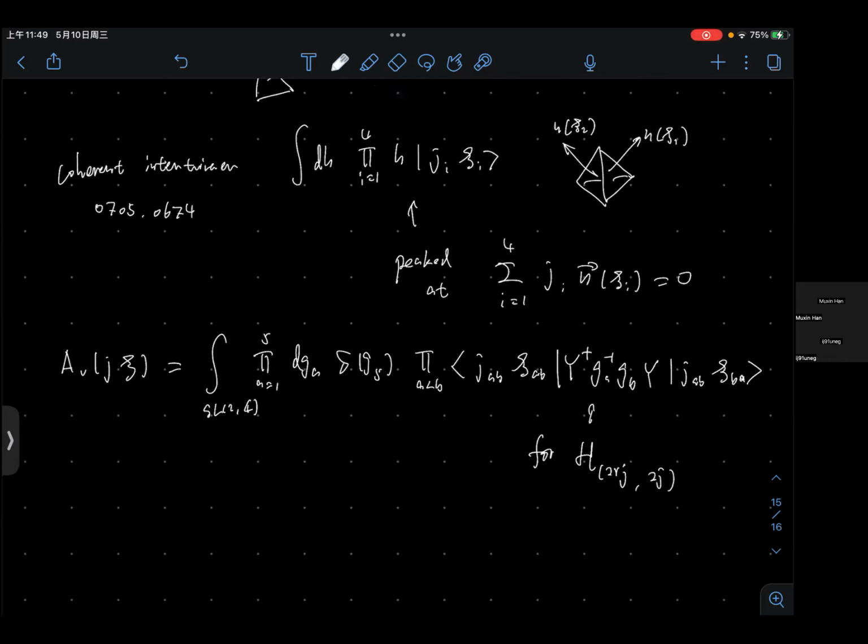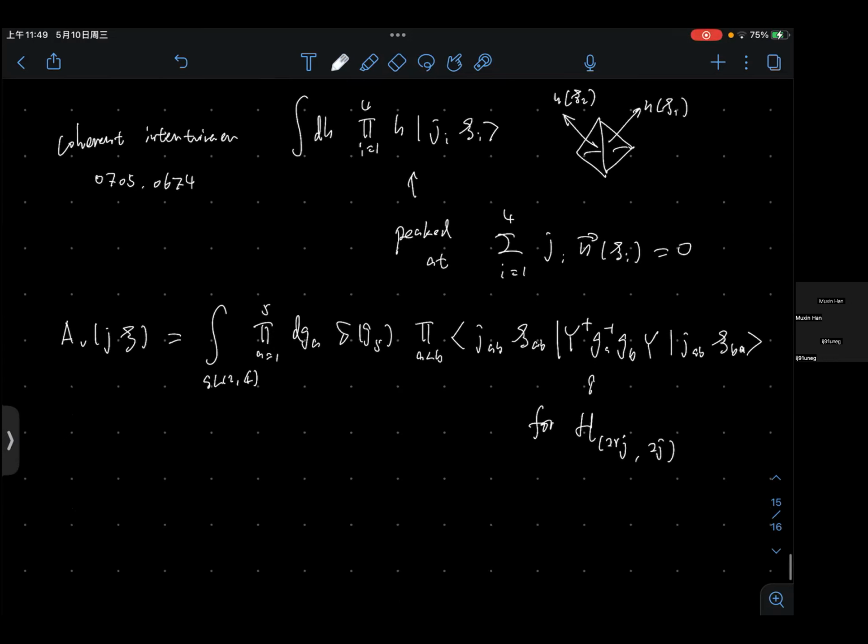Okay, so now there is a basic fact for this unitary irreducible representation, that this representation space belongs to the space of homogeneous functions of two complex variables, z0 and z1.